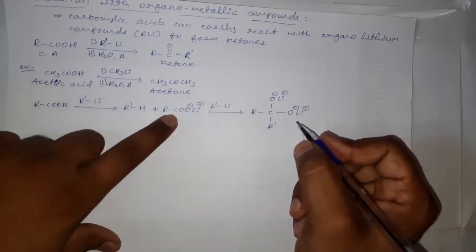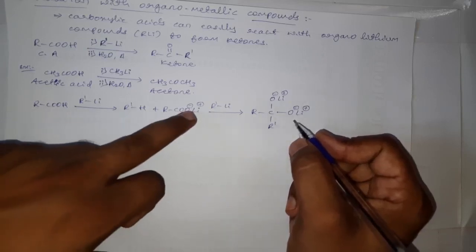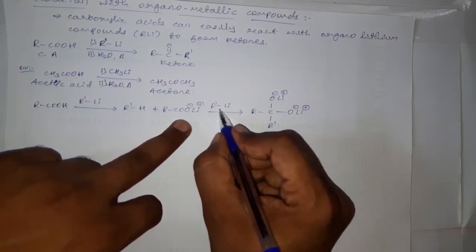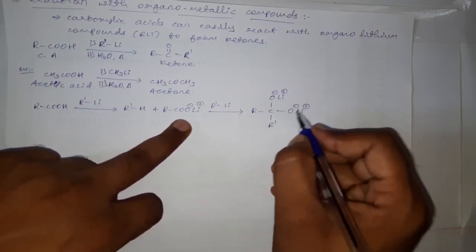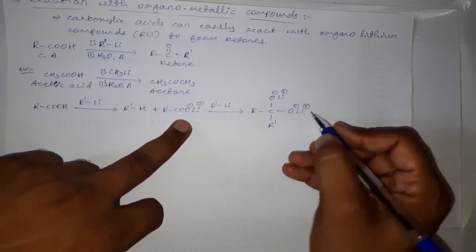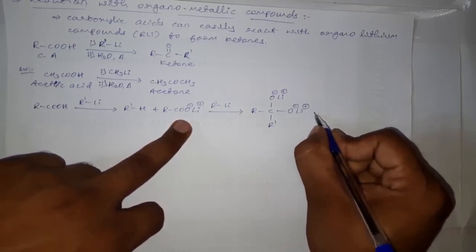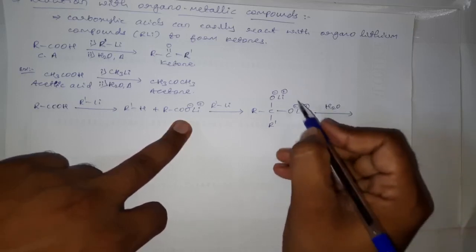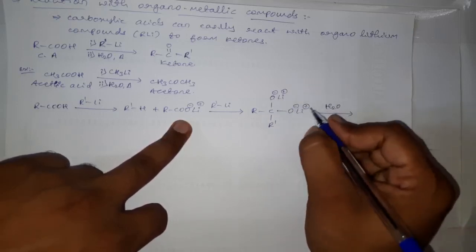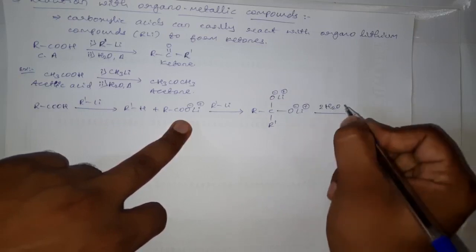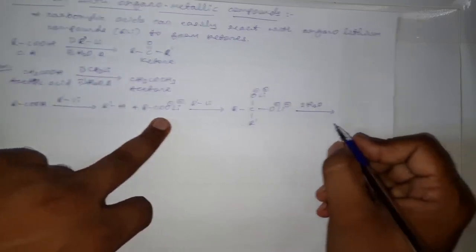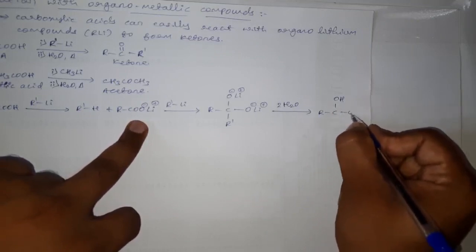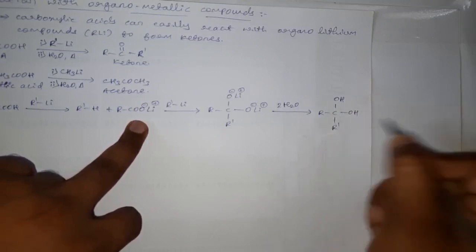This carboxylate ion along with its lithium salt, when allowed to react with another molecule of organolithium, forms a dilithium salt. Okay, this dilithium salt, when allowed to undergo hydrolysis, and as two lithiums are there, we are using two times hydrolysis, and here we will get RC(OH)(OH)R dash.